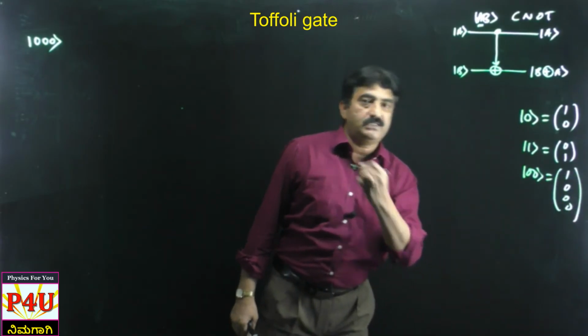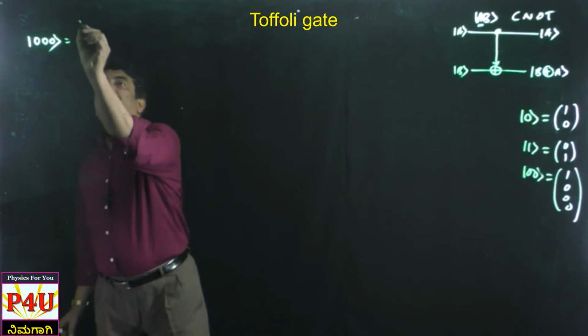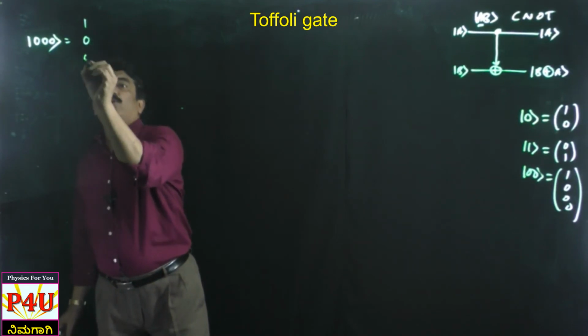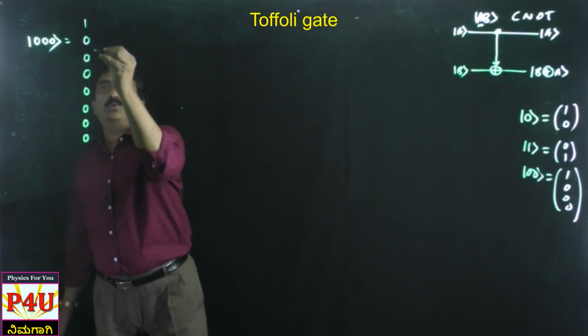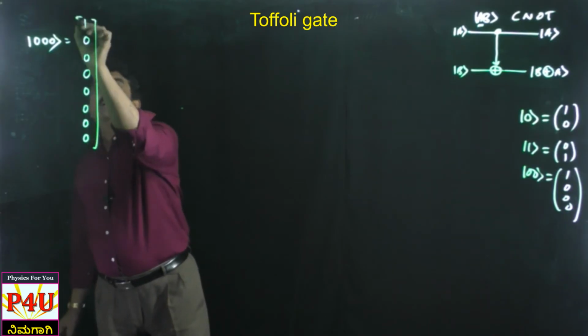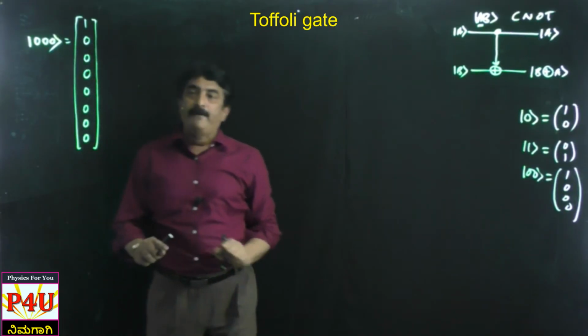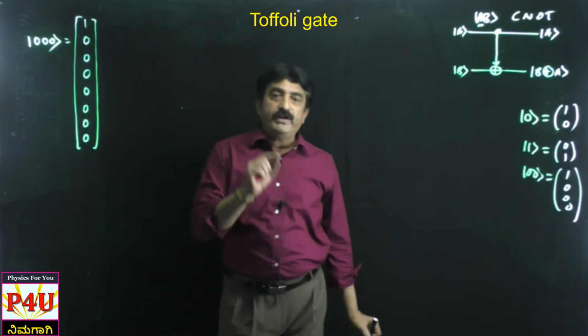That's what we discussed just now. Like that, there must be 8 elements, starting with 1, remaining all zeros. 1 2 3 4 5 6 7 8. Okay, so this is the 000 state. Now the Toffoli gate, how does it work?